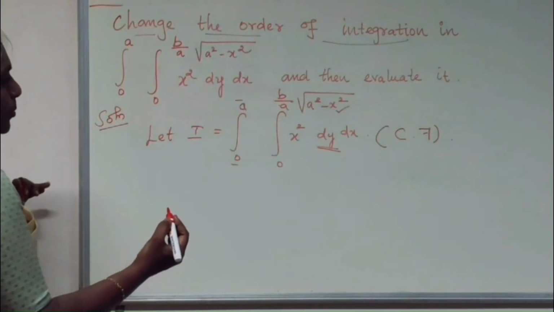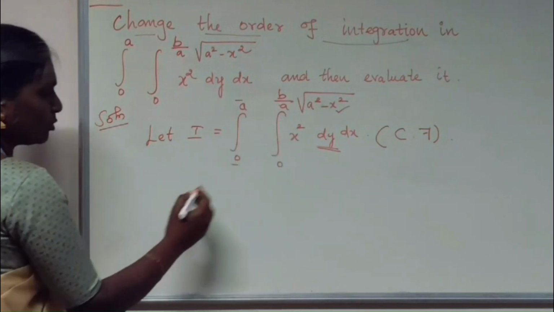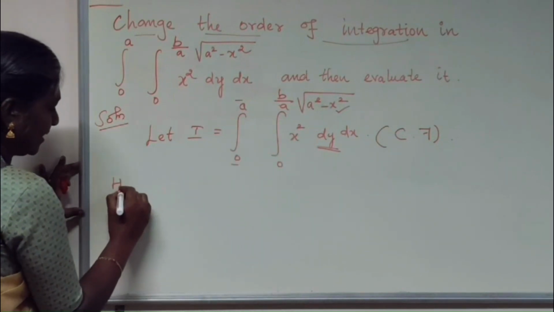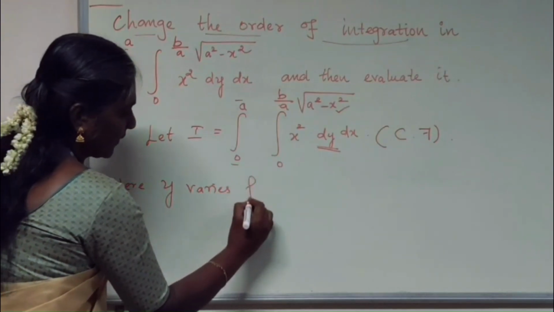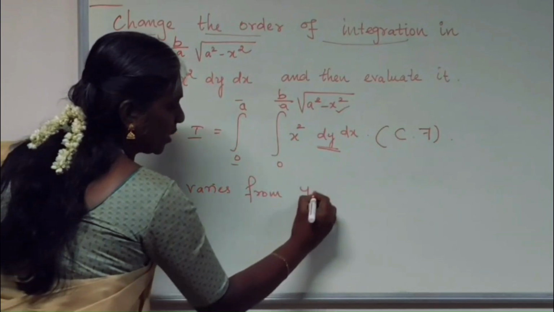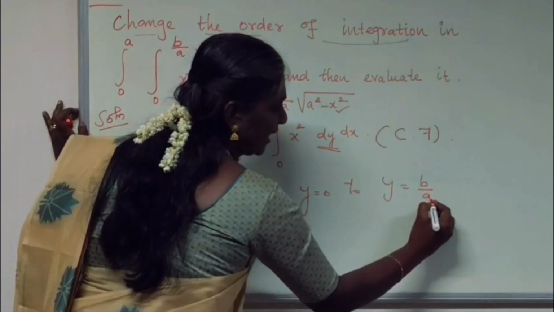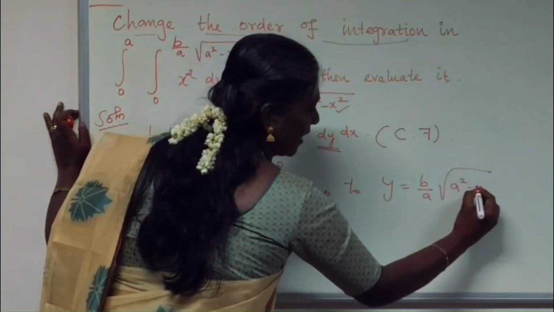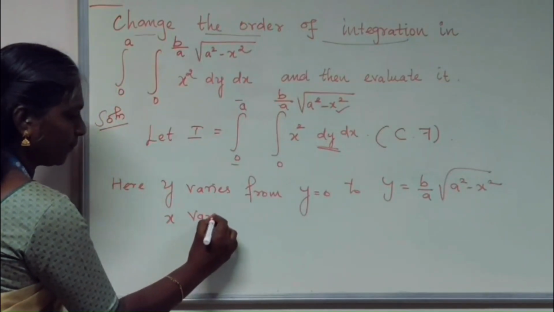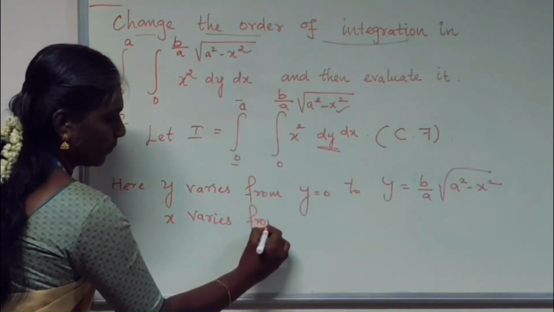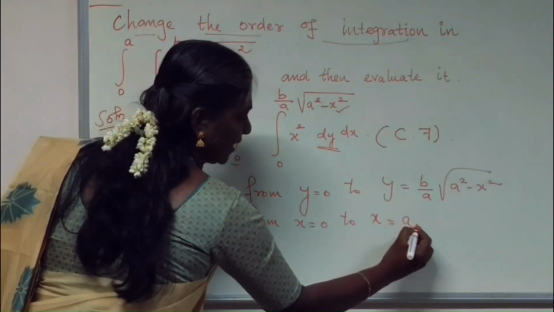Now we are going to draw the bounded region. Before that, we have to write the ranges first. Here, y varies from y equal to 0 to y equal to b by a root of a squared minus x squared, and x varies from x equal to 0 to x equal to a.